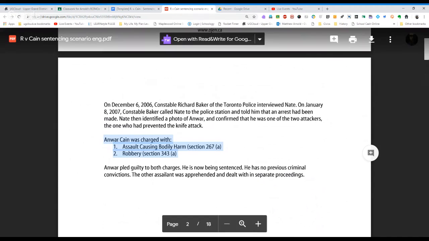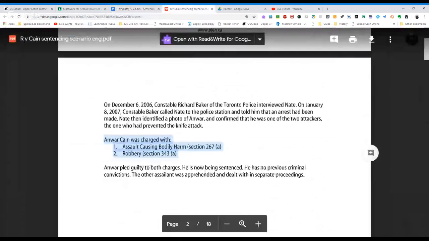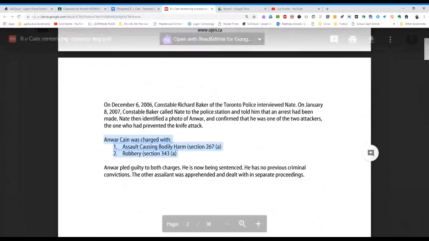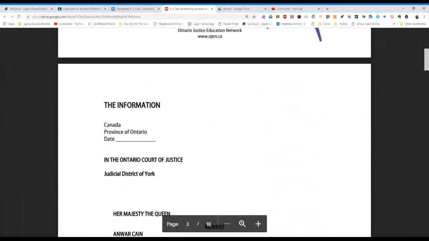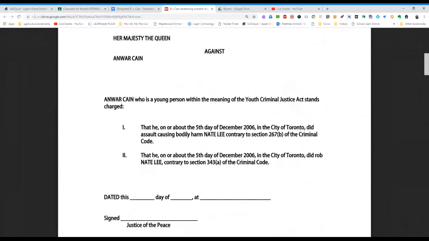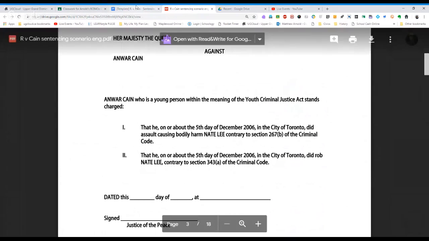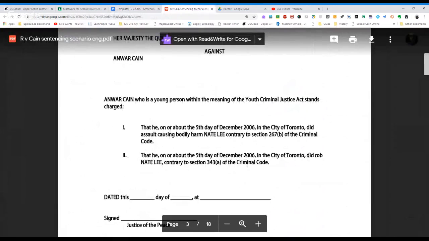So you can use one of those three ways to fill in the sections of the criminal code. The charges you can find here. You can also find them in the information here. What I'm looking for under charges are these.